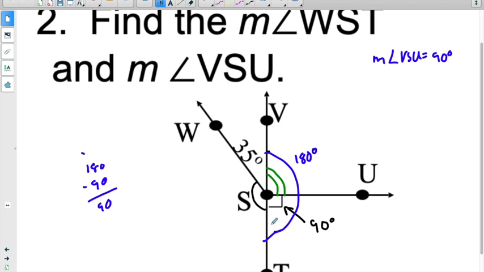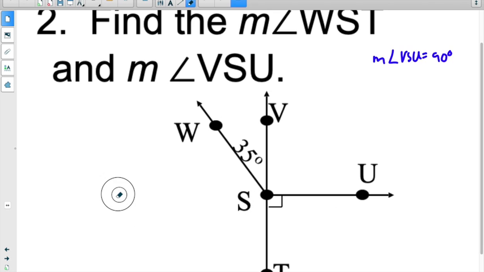From there, I try to figure out what is angle WST. To do that, you use a lot of the same information, but here, V to S to T is still 180 degrees. All of this angle is equal to 180 degrees.